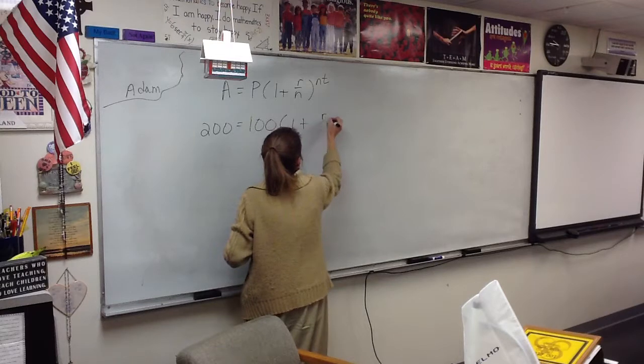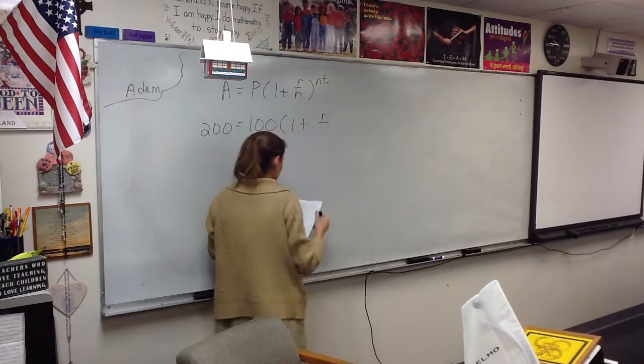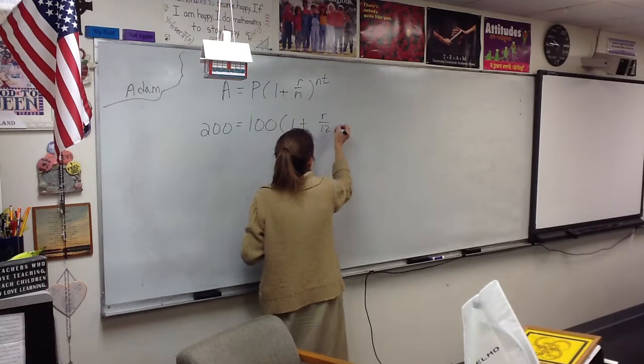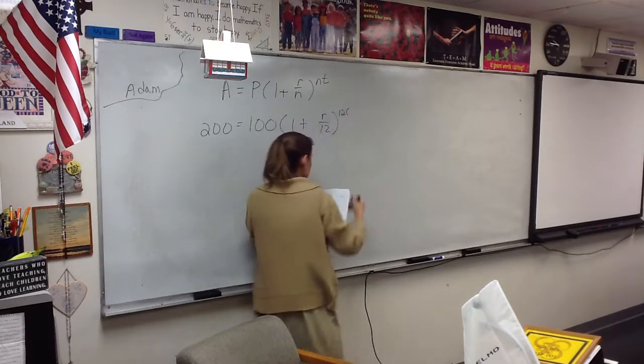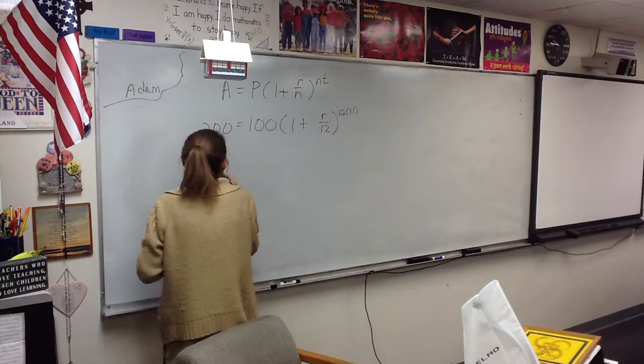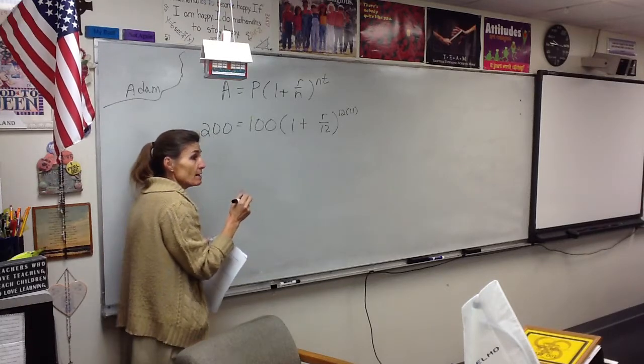It says, what is the interest rate? I'm looking for R. I don't know what that is. It's compounded monthly. So N is 12. And T is 11. Okay?